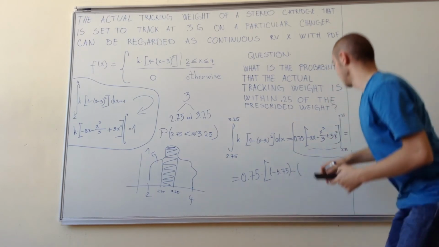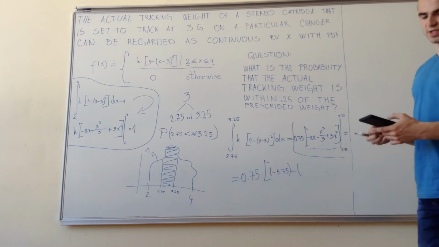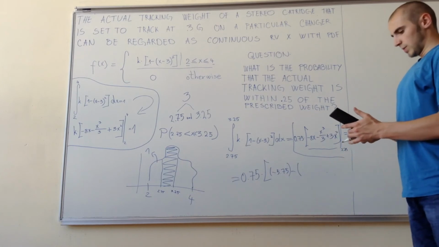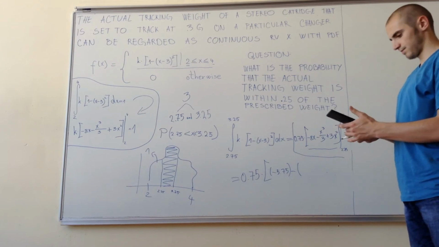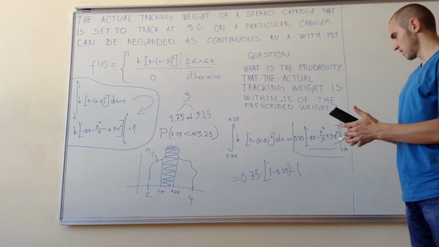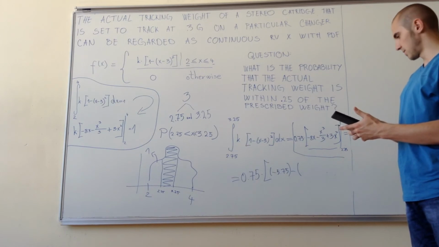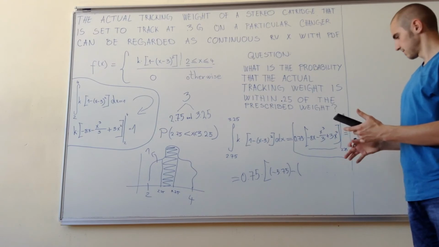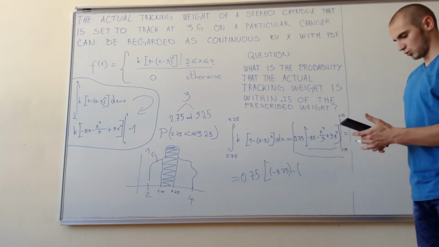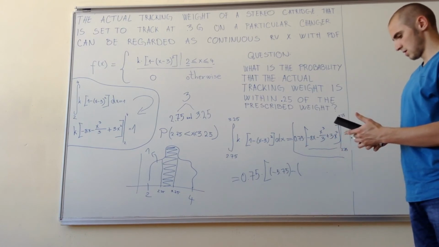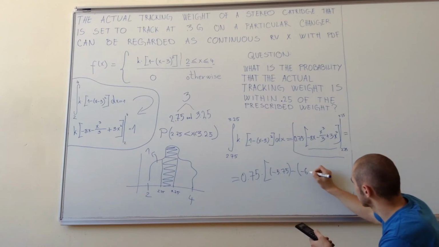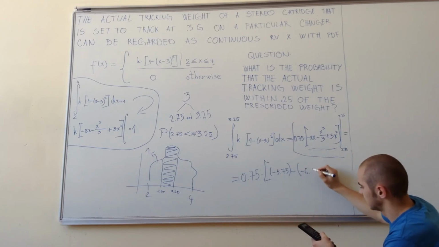Minus, and now the same thing just for 2.75. So it will be minus 8 times 2.75 minus 2.75 cubed divided by 3 plus 3 times 2.75 squared. And the solution is minus 6.24.